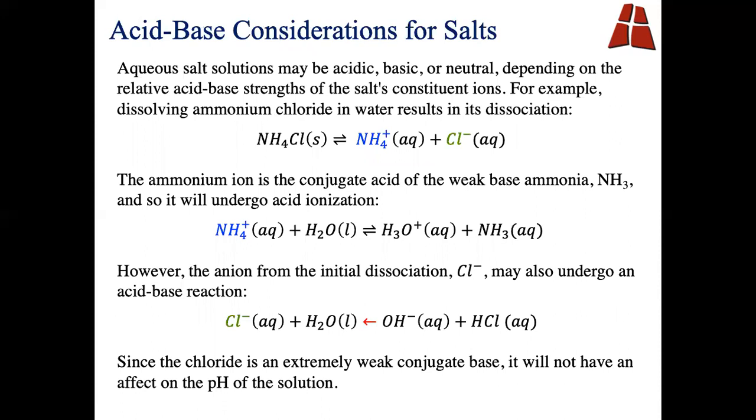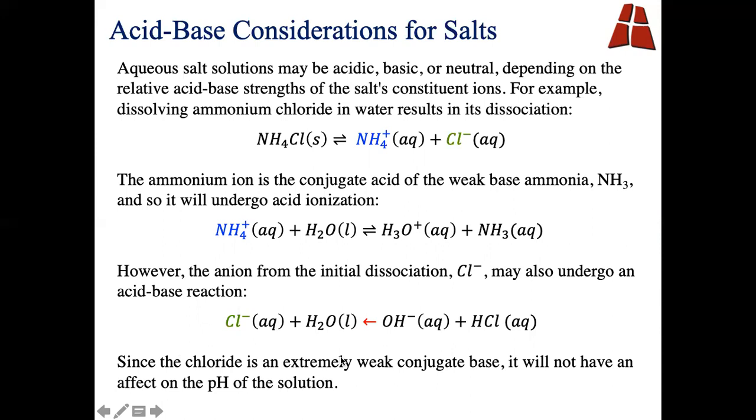A tricky part of acids and bases is when we start with a salt instead of the pure acid or the pure base. For example, say we start with the salt ammonium chloride, and that dissociates to form ammonium and chloride. Ammonium will react with water to make it acidic. Chloride is the conjugate base of a strong acid, HCl, so that reaction won't actually happen.